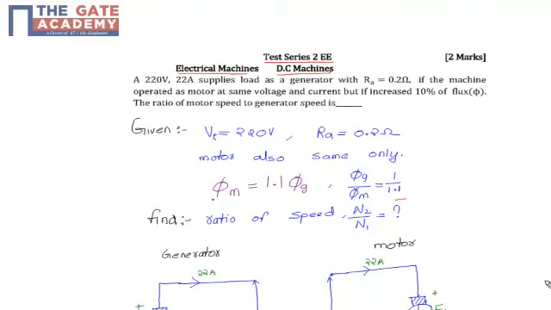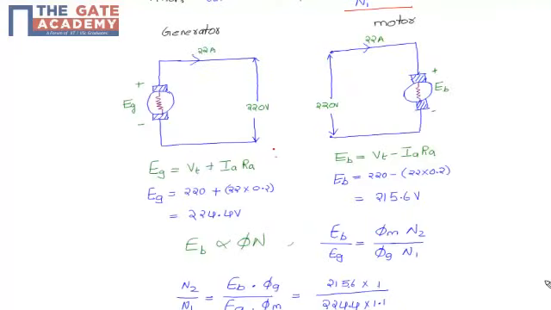We have to find the ratio of motor speed, that is N2, to generator speed, that is N1. Let us see the diagram for the generator, having the armature resistance of 0.2 ohm, current of 22 ampere and voltage of 220 volts.